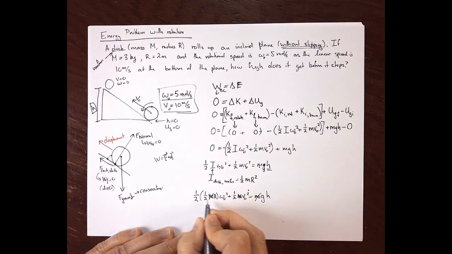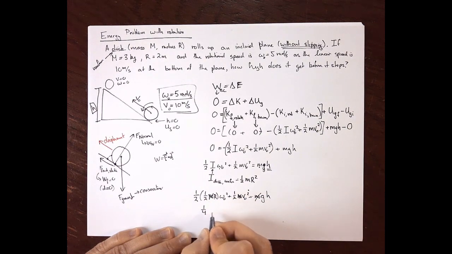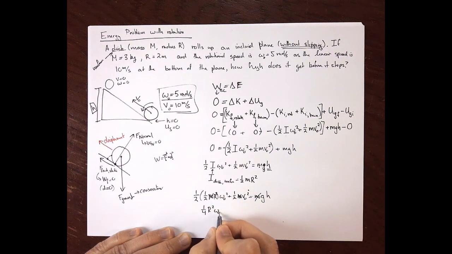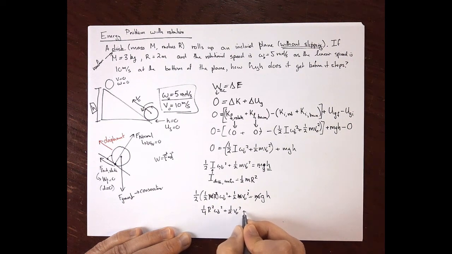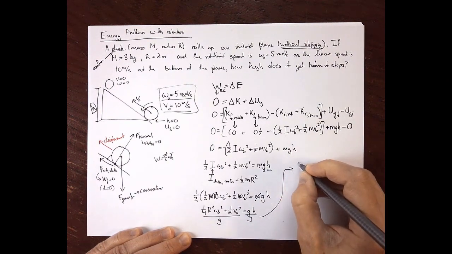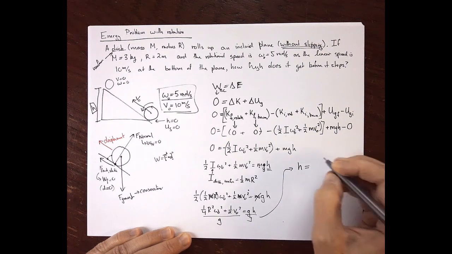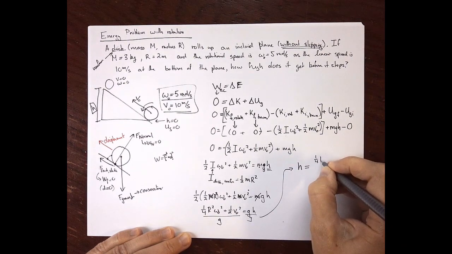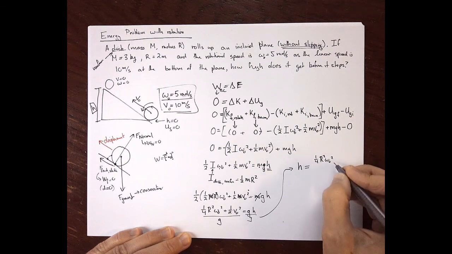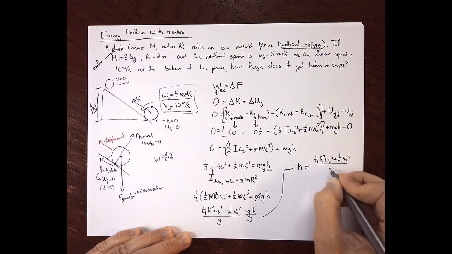And then 1/2 times 1/2 is 1/4 r squared omega naught squared plus 1/2 v naught squared equals g h. We'll divide both sides by g, and we will get h equals 1/4 r squared omega naught squared plus 1/2 v naught squared over g.